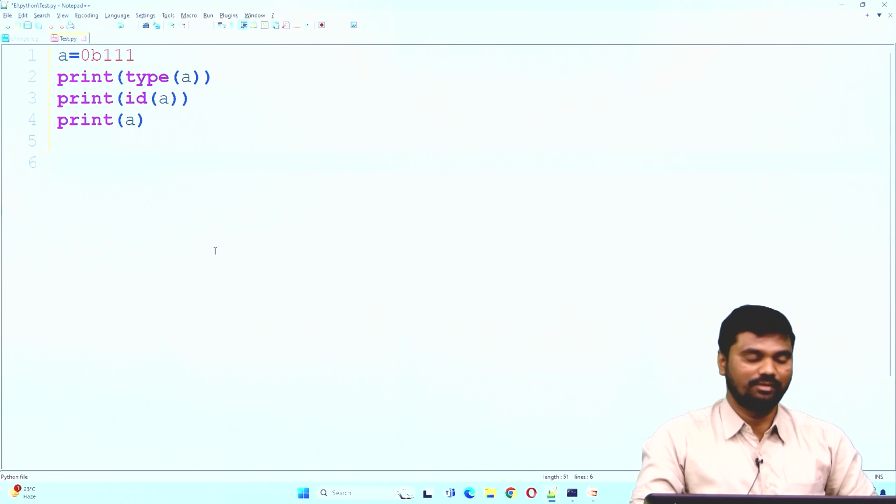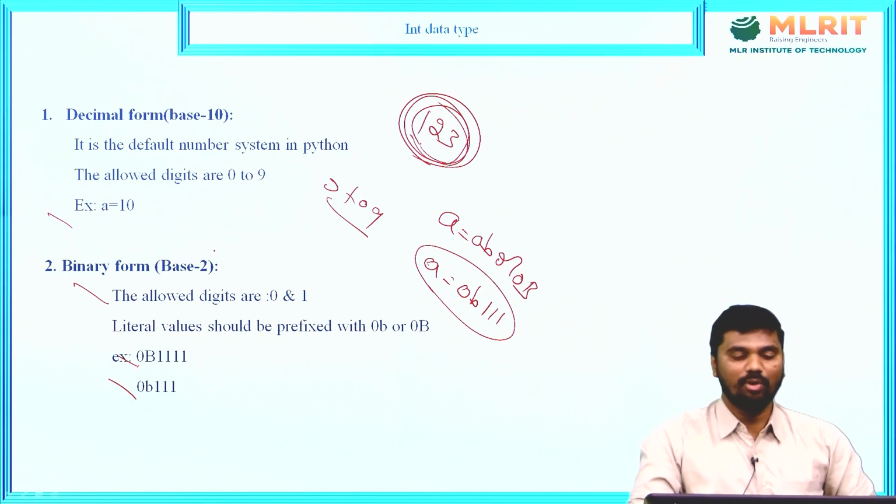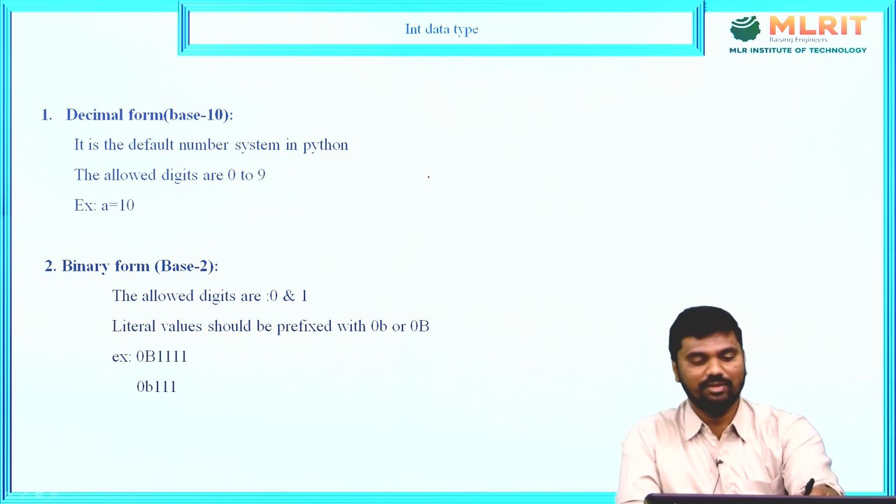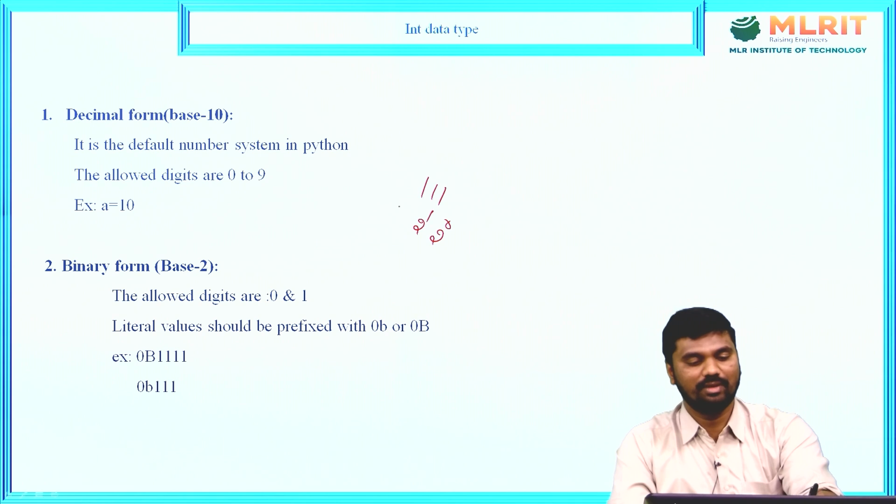Let me see. First we'll calculate the value 111. That means we are going to convert that binary value into decimal. How can we convert? Here the base value is 2. The value is 111, so 2 power 0, 2 power 1 and 2 power 2.